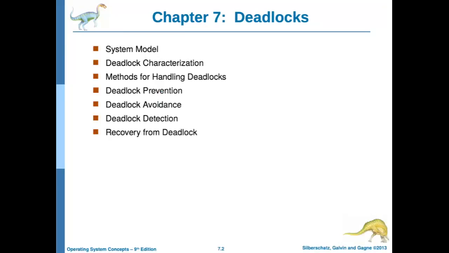A few algorithms are there for deadlock prevention. Deadlock avoidance, again 2-3 algorithms are there. And if deadlock is allowed by the system, we need to detect if there is a deadlock or not. And if there is a deadlock, we need to see how to recover our operating system from the deadlock. These are the contents we want to discuss.